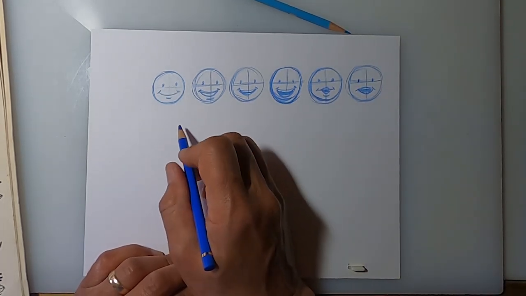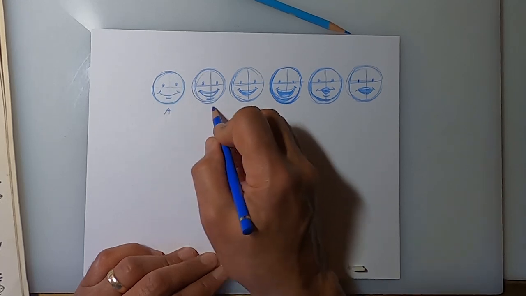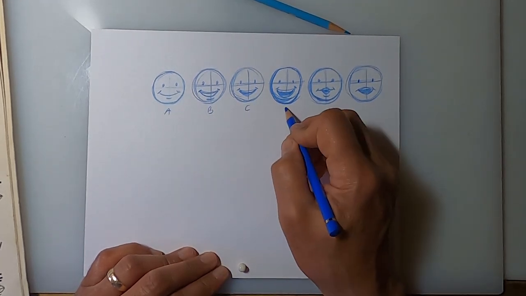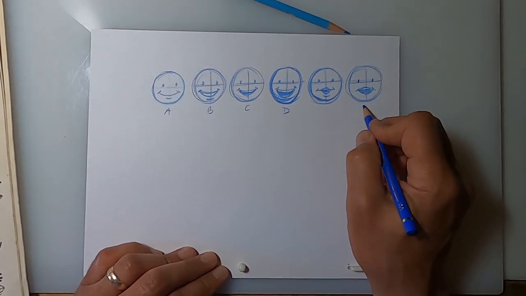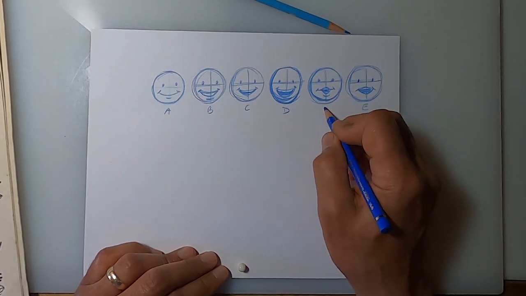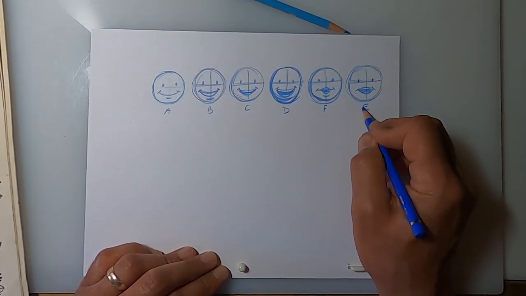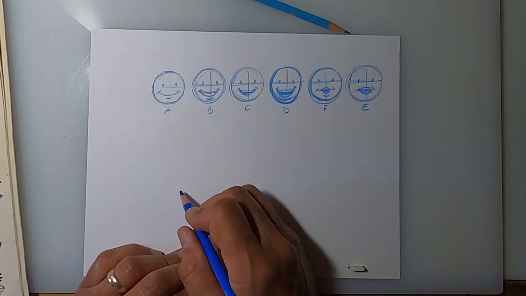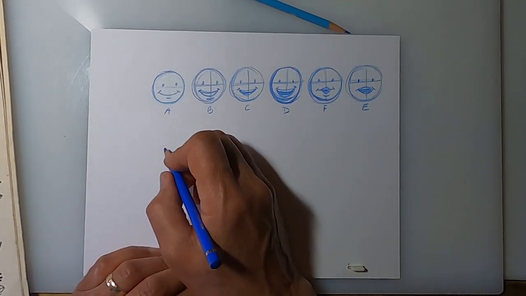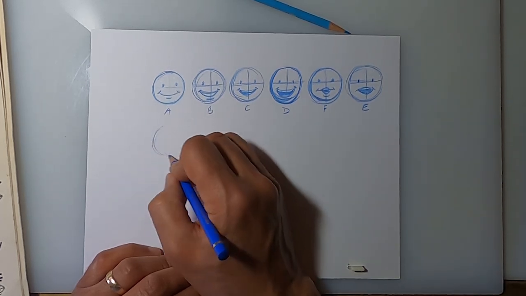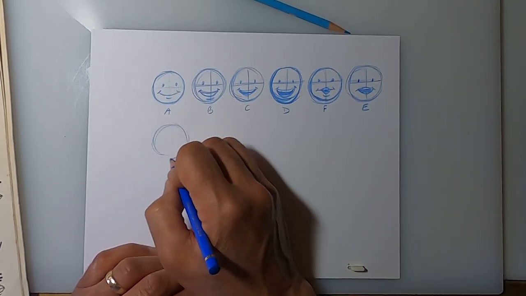So these mouths back in the old days were A, B, C, D. This was E, and this was F. And usually those were about the only mouths that we used and needed for most of our cartoons we did back in the old days. They did add a couple more.